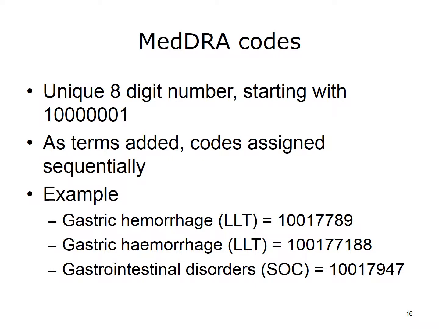Gastrointestinal disorders, SOC, equals 10017947. Note in the example the difference in spelling and the different code. While this accommodates the different spellings, the different codes create a challenge to queries. The LLT means lower-level term, and the HLT is a higher-level term. There is an implied hierarchy.